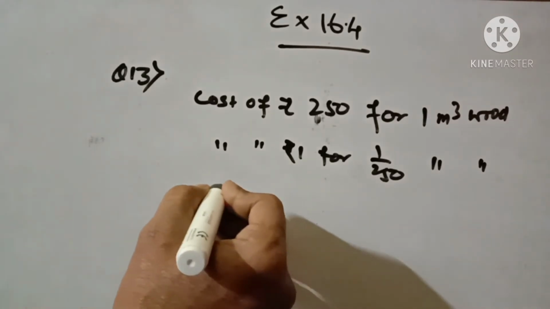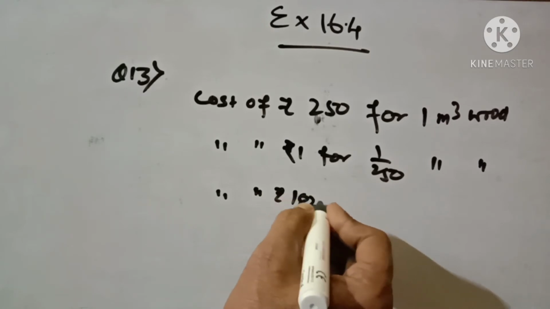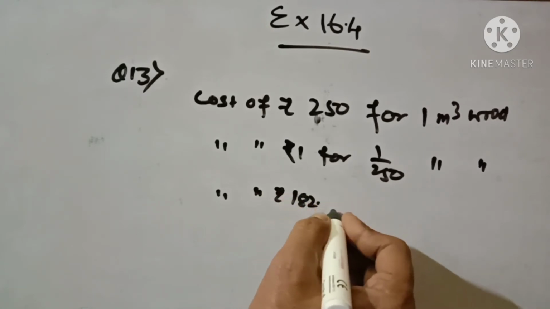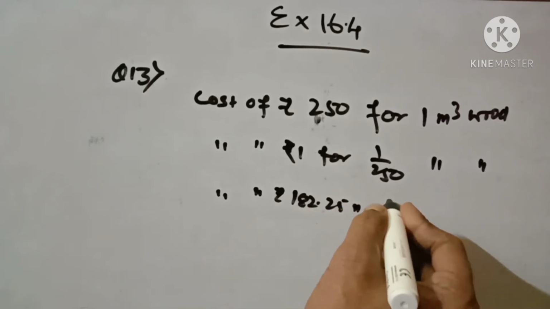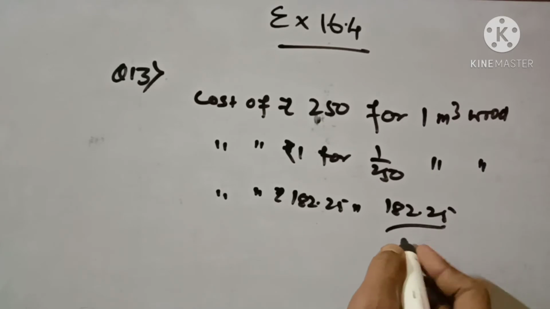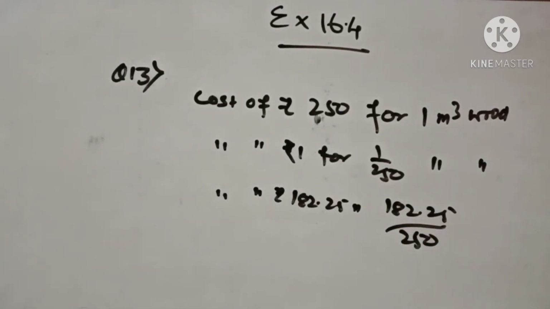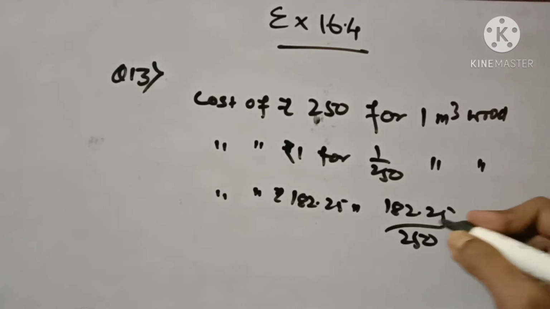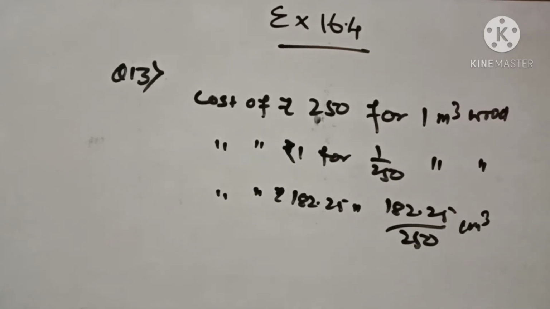Now cost of rupees 182.25 is for 182.25 by 250 cubic meter wood, that is the quantity of wood.